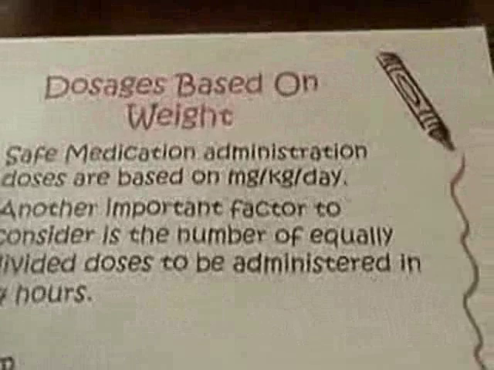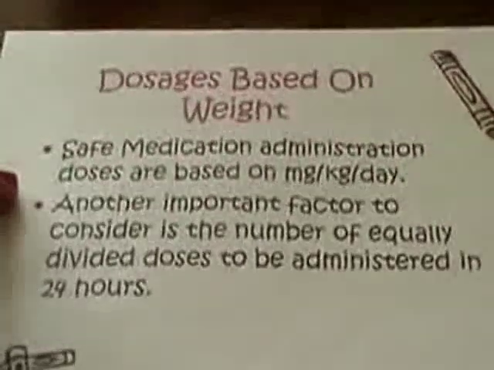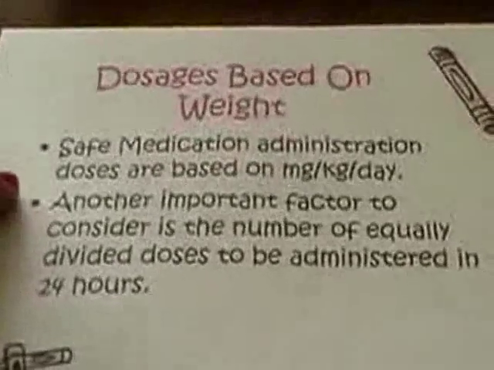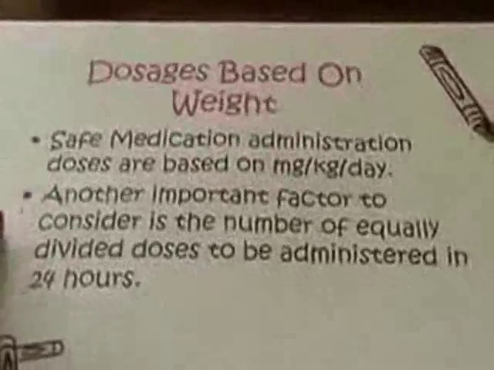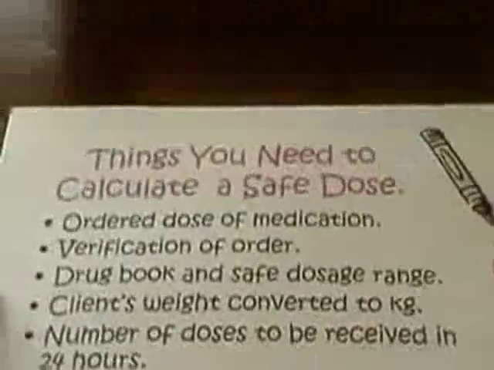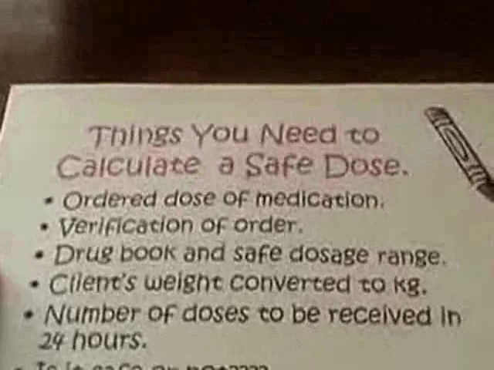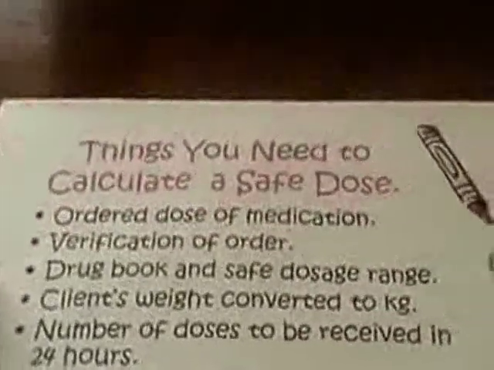Doses based on weight. Safe medication administration of doses are based on milligrams per kilogram per day. Another important factor to consider is the number of equally divided doses to be administered in 24 hours. The things that you need to calculate a safe dose are: you need to look at the dose of medication ordered.